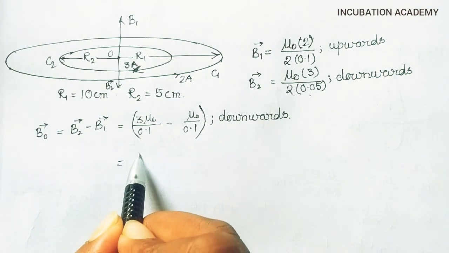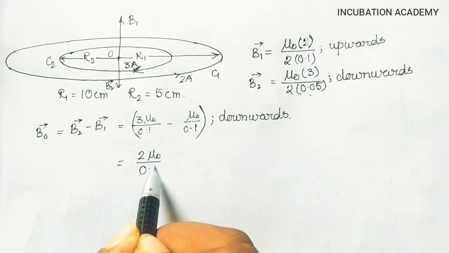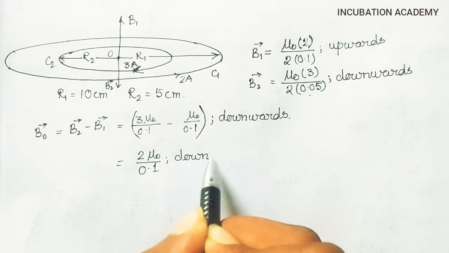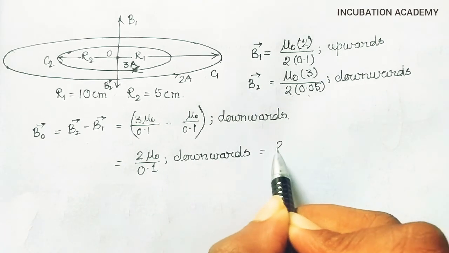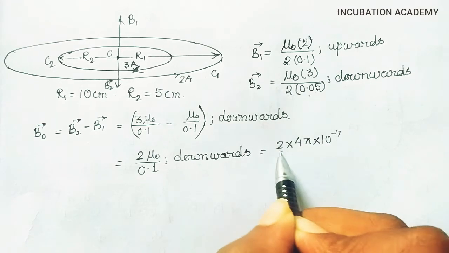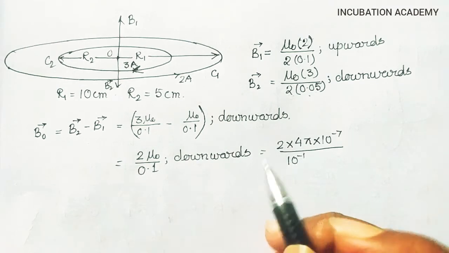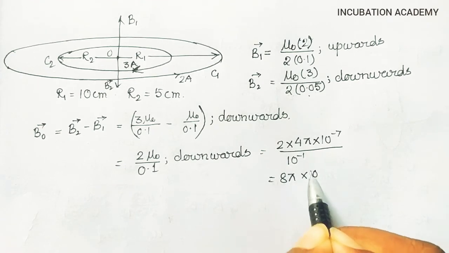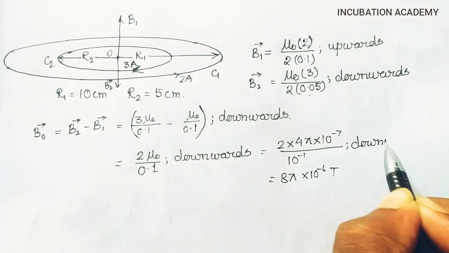If I just simplify it, it will be 2 mu naught divided by 0.1, downwards. So if I put in the values, then it will be 2 into 4 pi into 10 to the power minus 7 divided by 10 to the power minus 1. So this becomes 8 pi into 10 to the power minus 6 Tesla, and obviously the direction is downwards.